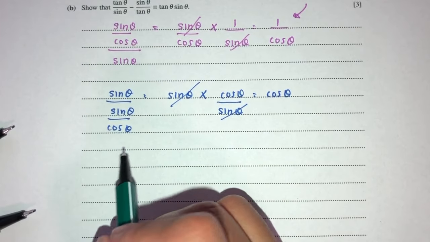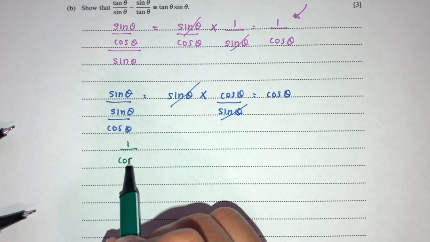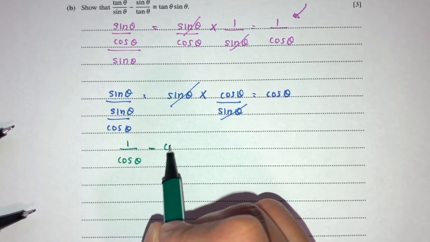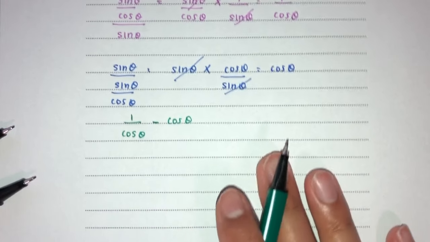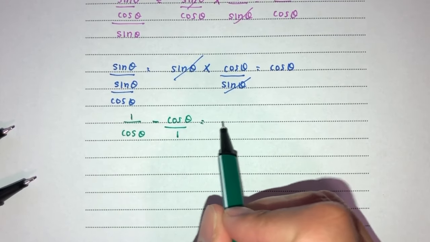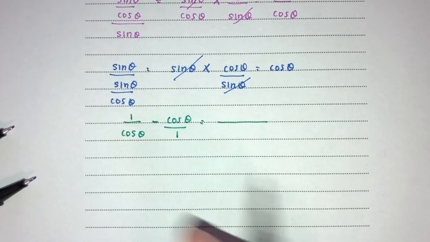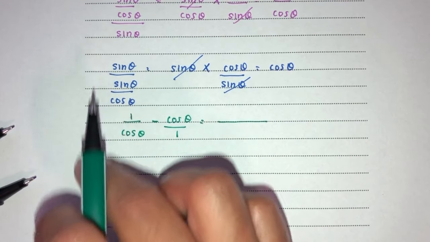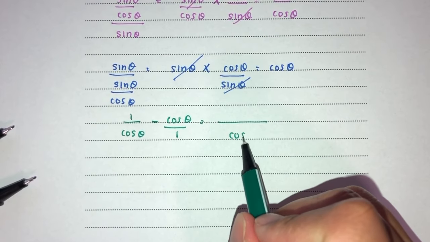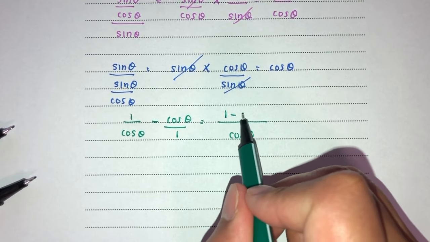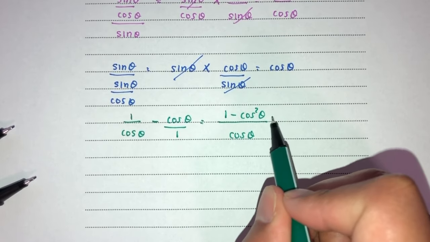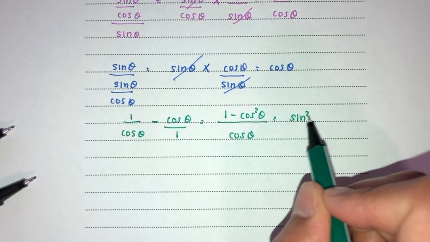So this will become 1 over cos minus cos theta. This is 1 over here, so we can combine them by this, and this, right? So times these two and cross multiply, we have a common base of cos theta. That should become 1 minus cos squared theta, which is sine squared theta.